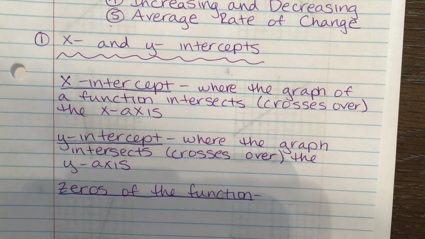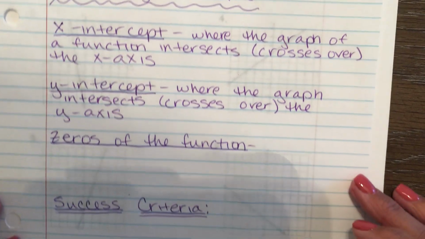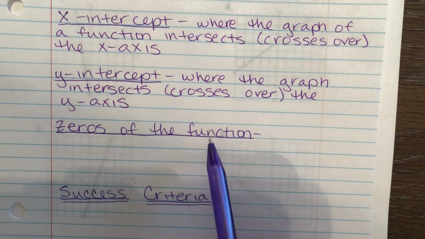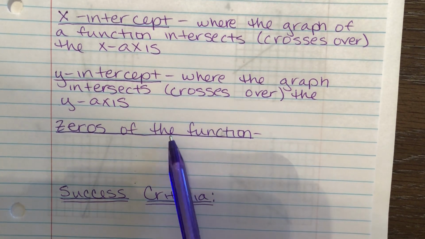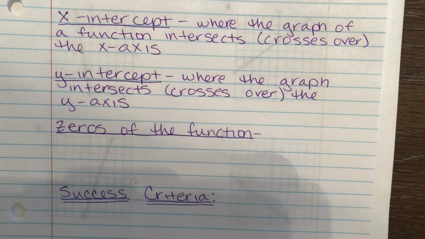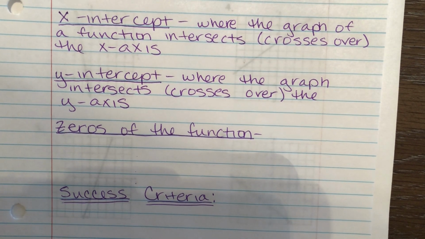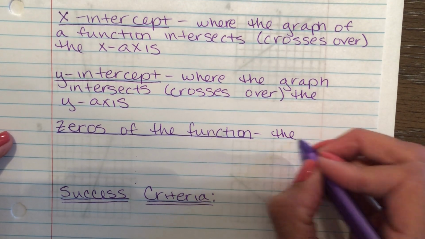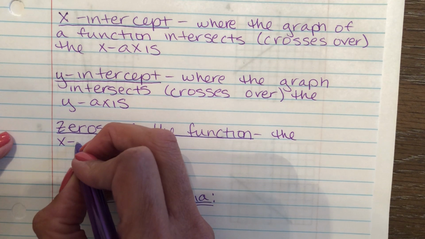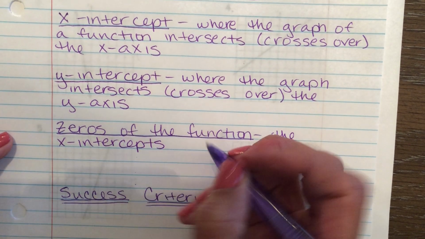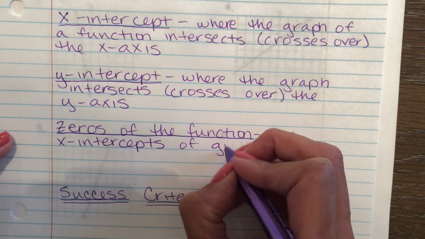All right, and then another term that you should be familiar with. We're not going to do anything with this today, but this is a concept that builds on these intercepts, and we'll look at these later on in the year. It's called a zero of a function. A zero of a function is the x-intercepts of a graph.